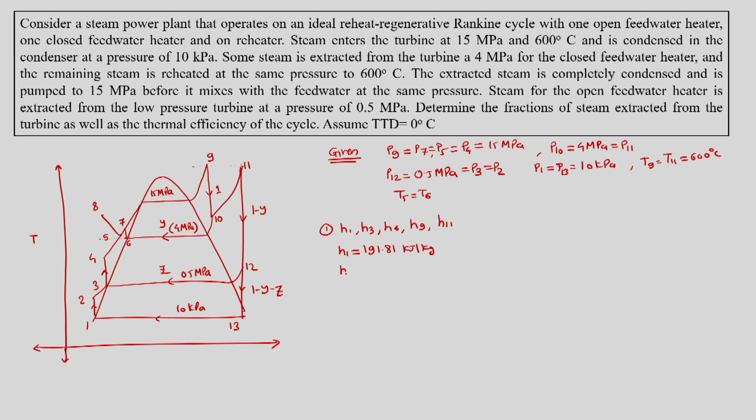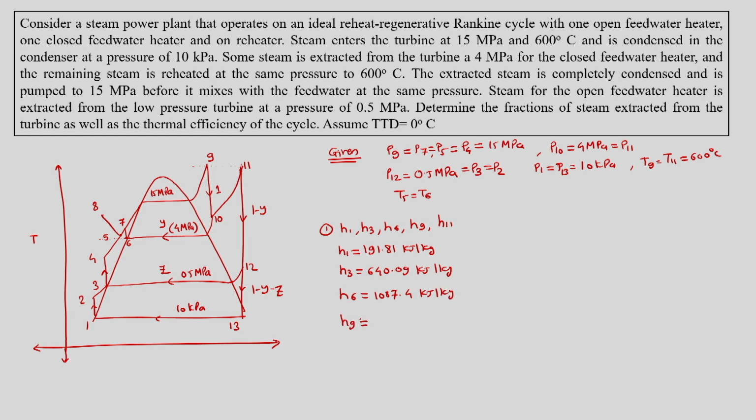Then we have H3 is equal to 640.09 kilojoule per kg. Then we have H6, and H6 is equal to 1087.4 kilojoule per kg.